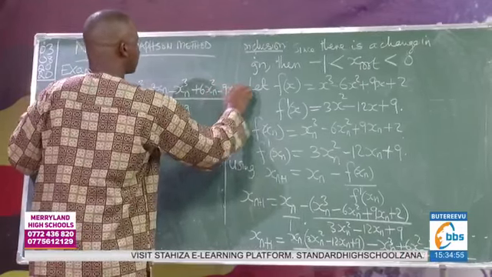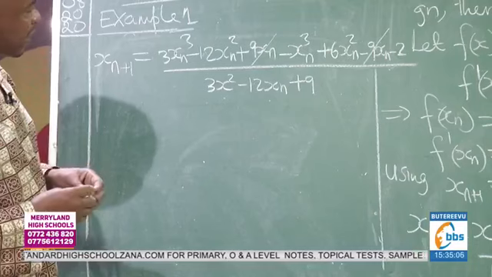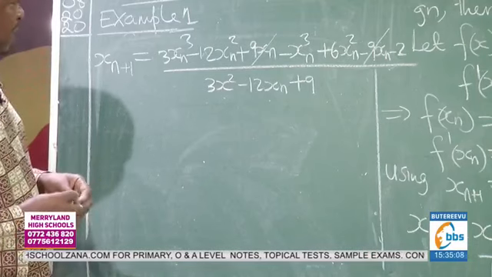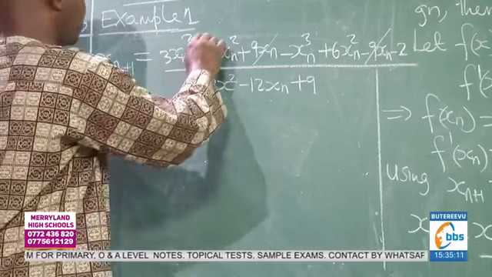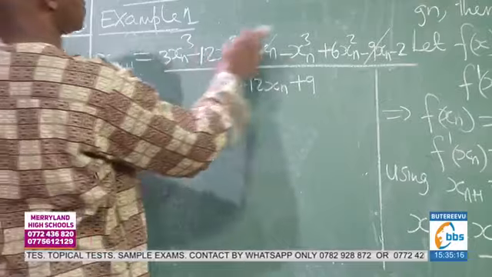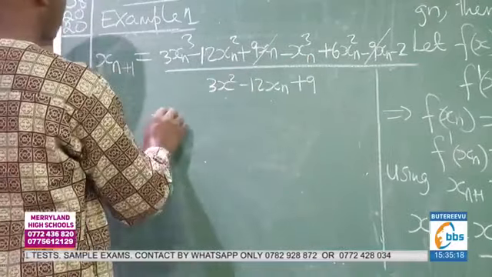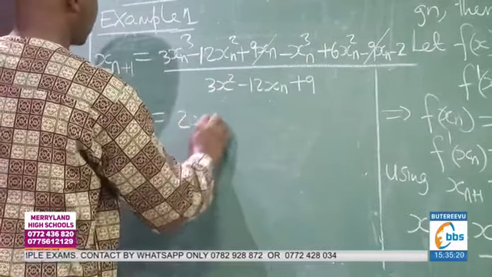If we look at this, this term will cancel with that term. I usually do not advise cancelling as mean, but for purposes of this number, we can cross out what cancels. 3xn cubed minus xn cubed will give us 2xn cubed.